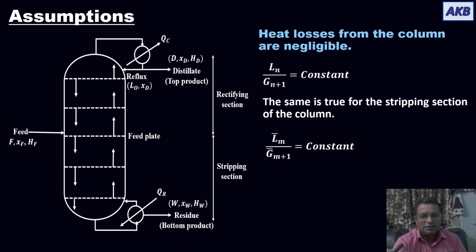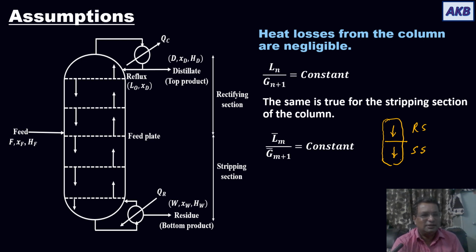Here, in order to convey the fact that liquid flow differs, when you have the column, you have the rectifying section and then the stripping section. Liquid flow in the rectifying section is different from that in the stripping section.